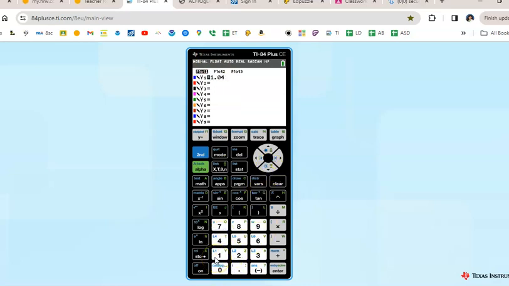And then, really, I don't even have to type the 1, but I'm going to just for fun. 1.01, close parentheses, raise it to the x. Notice my y values are pretty small this time, 1 and 1.04. So my window settings are definitely, for the y values, going to need to be smaller.